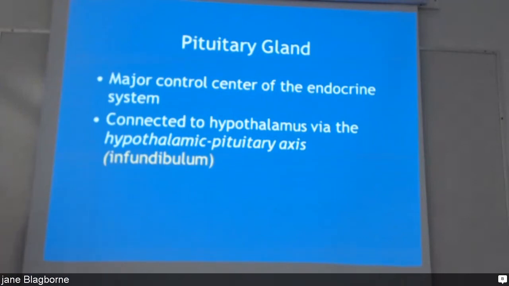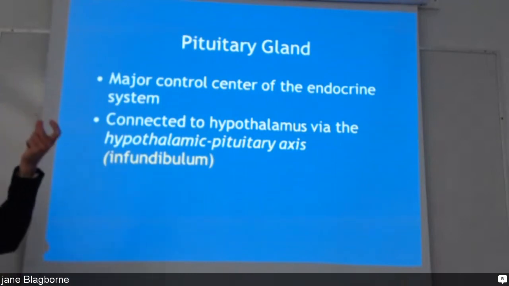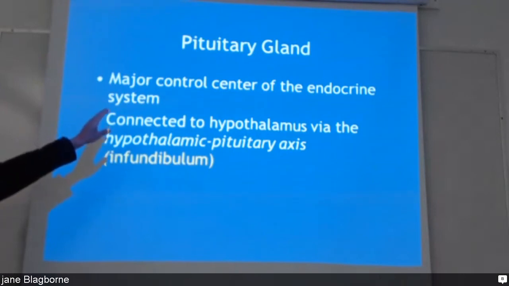The pituitary gland, remember we had a picture of it in our skeletal system where it sits. It has its own little cradle, the sella turcica, which is a bone that it sits in. Because it's such an important major controller of the endocrine system, the body protects it as best it can.